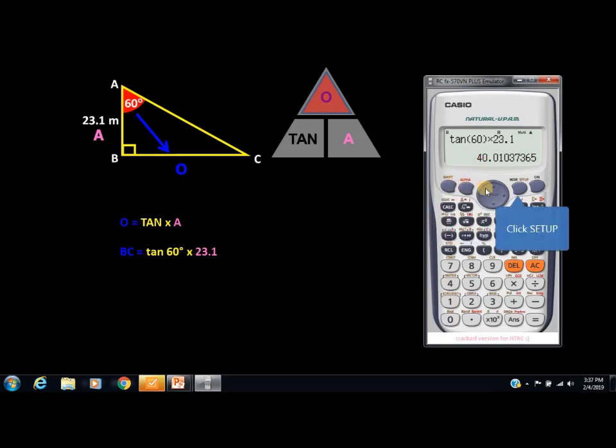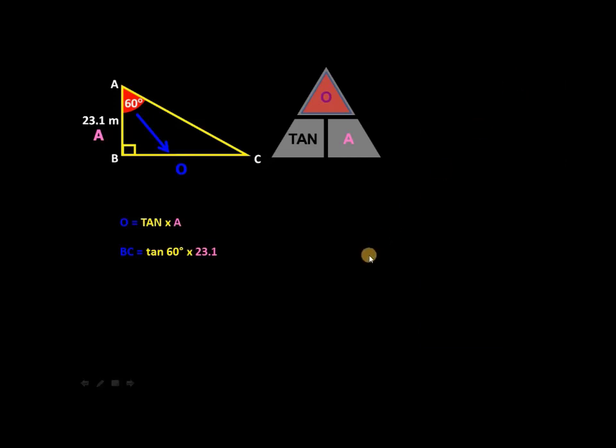So we go shift, set up, fix, that's number 6, to one place. There is the answer, 40.0. So the final answer is BC equals 40.0 meters to one decimal place.